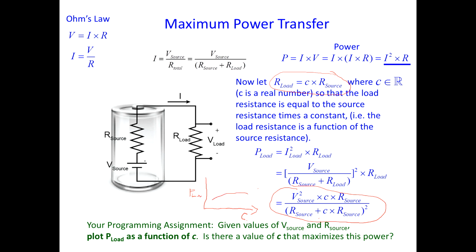And so now you'll get some function that you will plot. Okay, and then what you need to find is, is there a maximum value in this plot? And if there is, what is the value of C when this maximum of P load occurs?